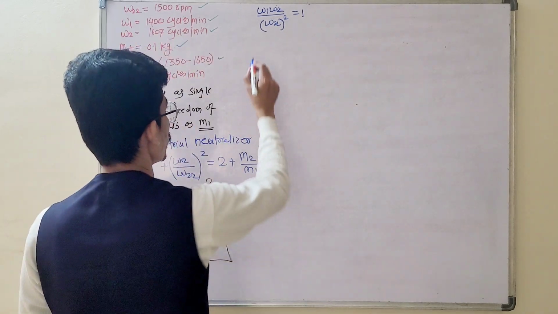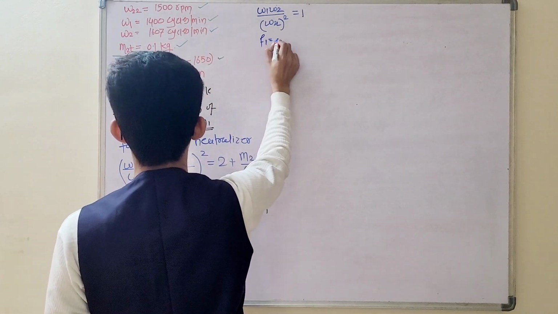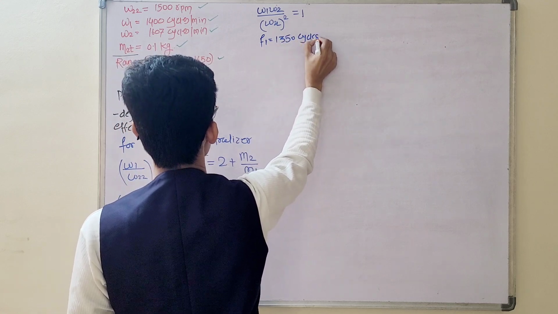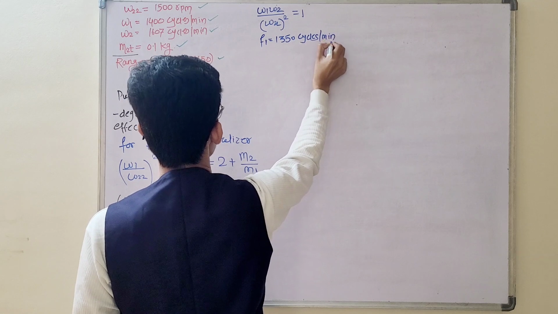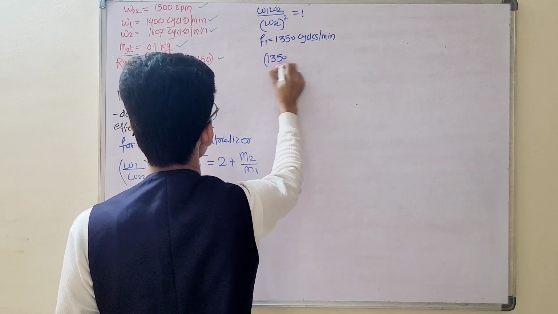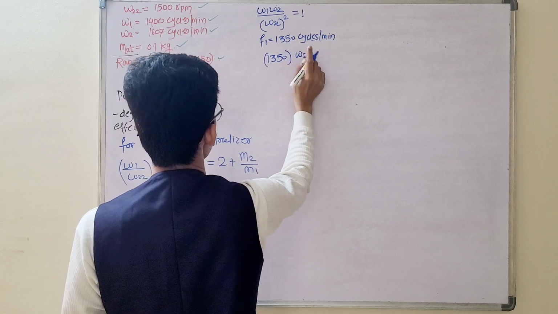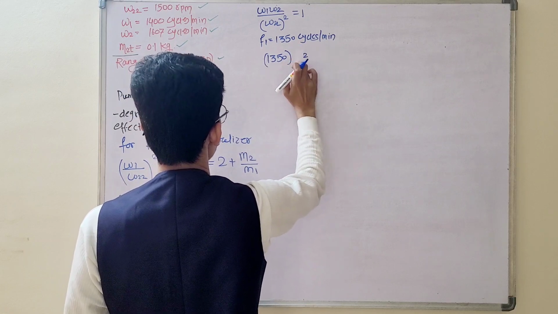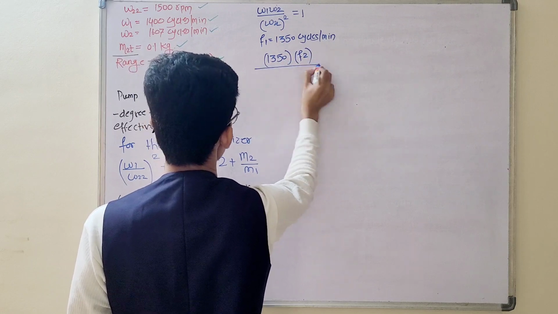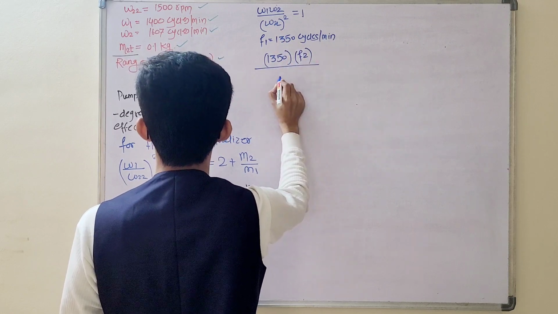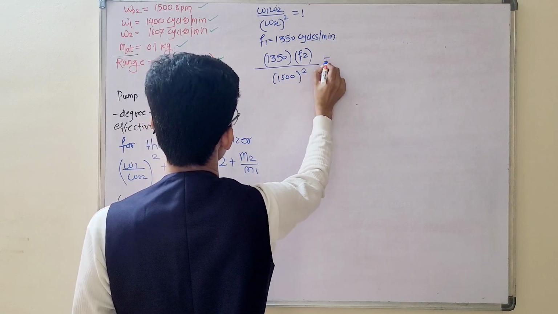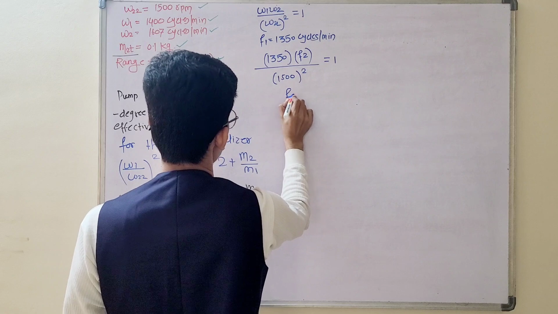So if I put f1 equal to 1350 cycles per minute, replacing omega 1 with f1 and omega 2 with f2, divided by omega 22 squared, where omega 22 is nothing but 1500, squared, is equal to 1, and from here you will get f2.